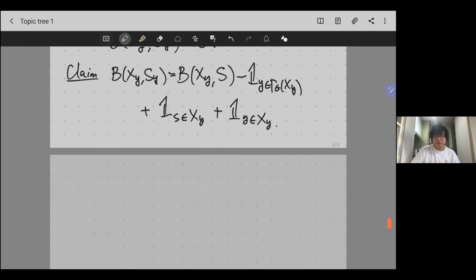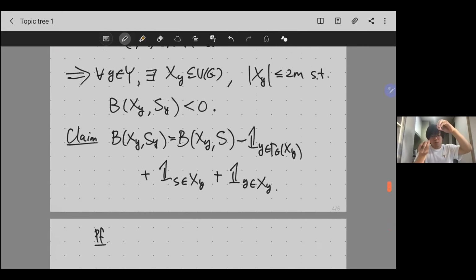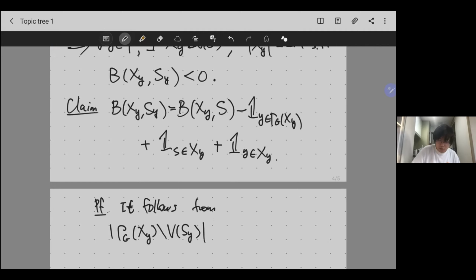This is very easy to verify. I'll leave the verification as an exercise. It's quite dry: basically, just check the definition of the balance and look at how adding one more vertex y changes it. Let me write down the reason. If you look at the balance, the first term is the external neighborhood out of the partial embedding. Look at how this changes.